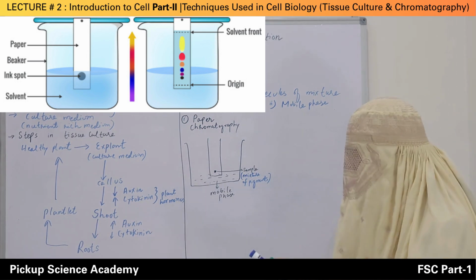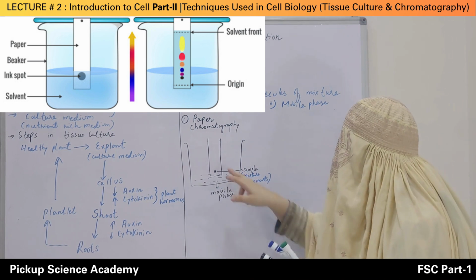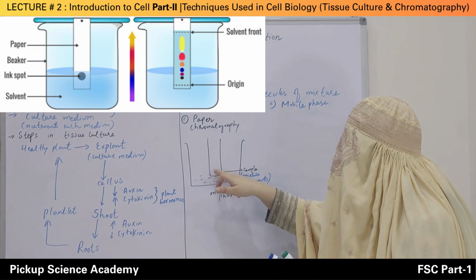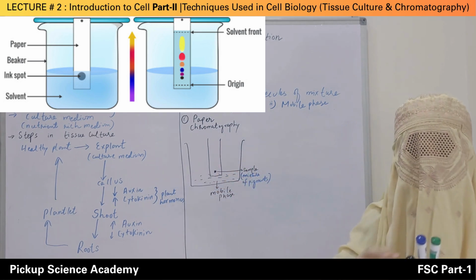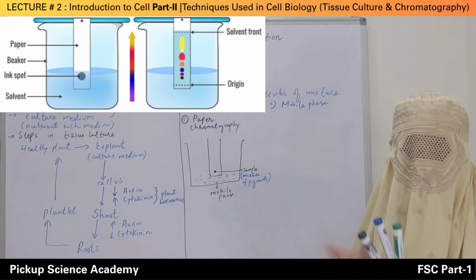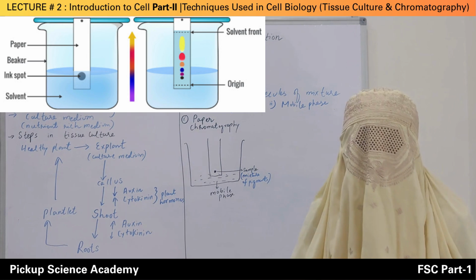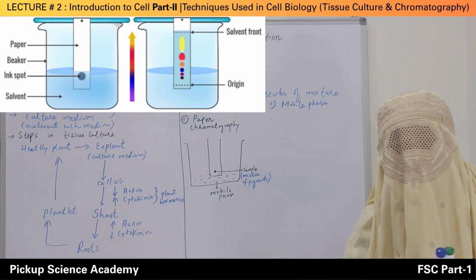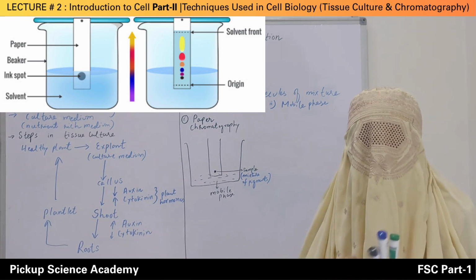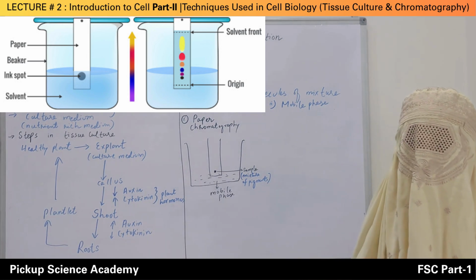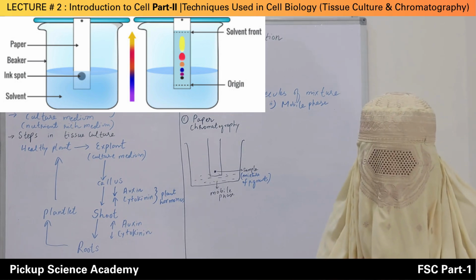After some time, you will see that the components of the pigments flow through the paper, and the pigment which has more affinity with the mobile phase will move faster than the pigment which has less affinity with the mobile phase.